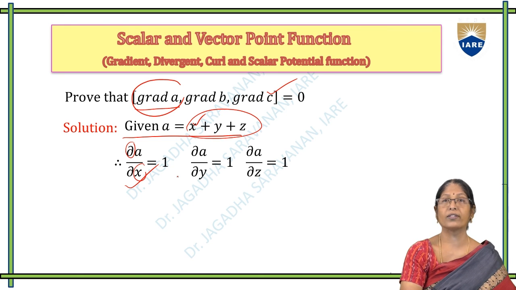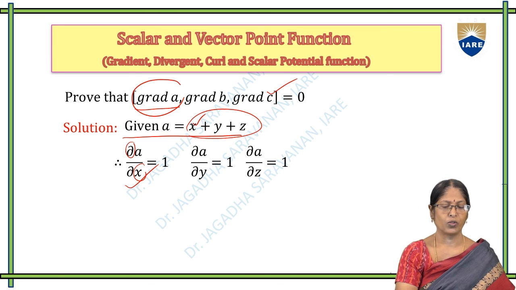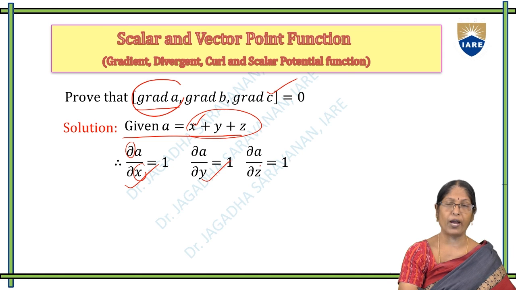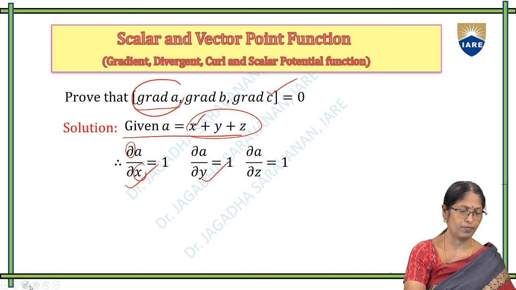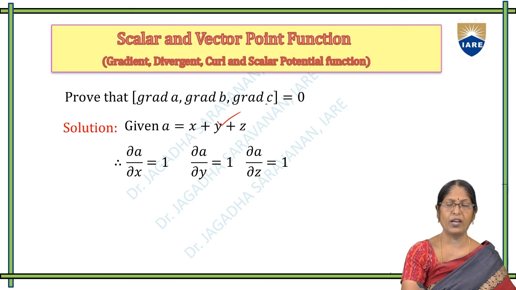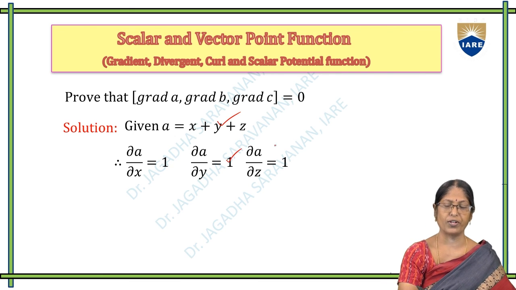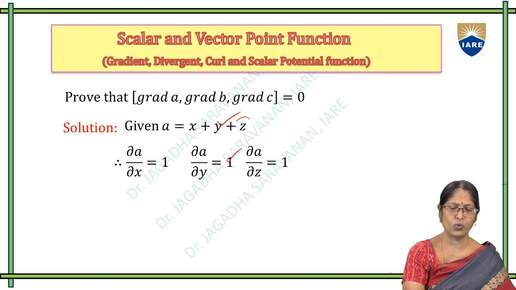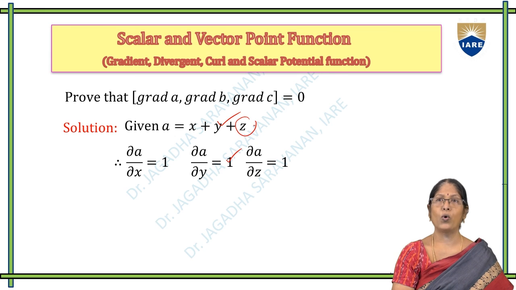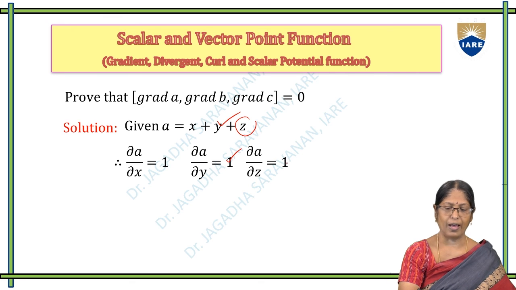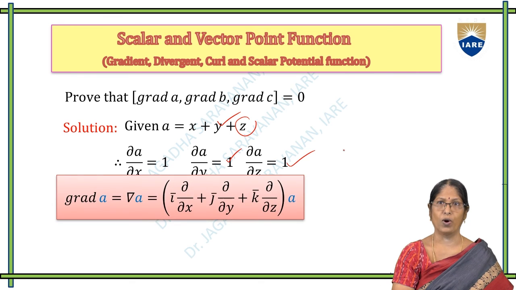Only we are focusing on x. Other variables we are neglecting. So 1 is the result we obtained for dou A by dou x. Next, similarly, dou A by dou y. Here also the variable is y, so the partial differentiation is 1. The last one is z, dou A by dou z, that differentiation is also 1.